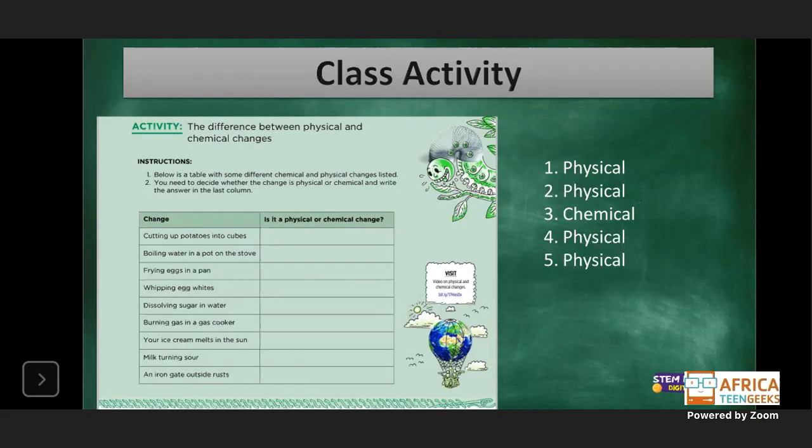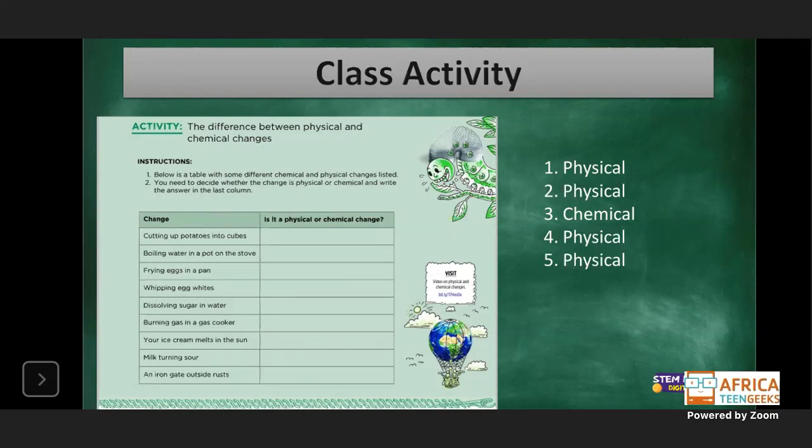And remember, we can separate water and sugar via distillation. So if we boil the dissolved sugar and water and all the water evaporates, the sugar crystals will remain behind, and hence dissolving sugar in water is a physical change. All right, I hope everyone is understanding.